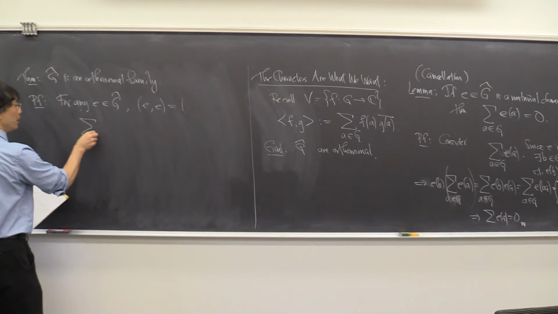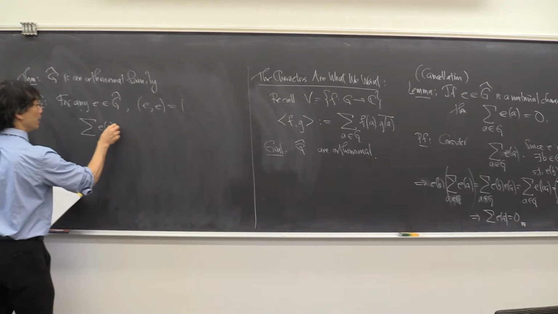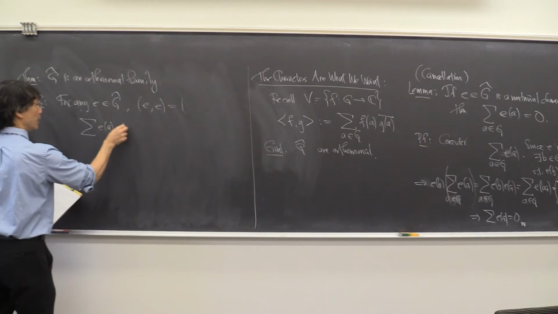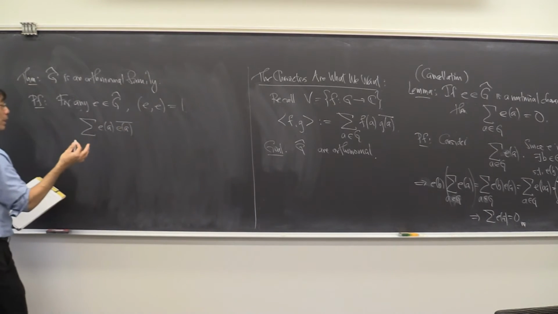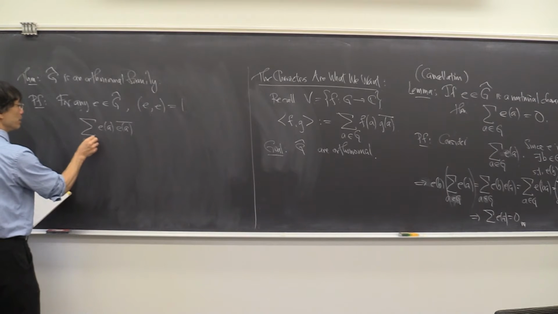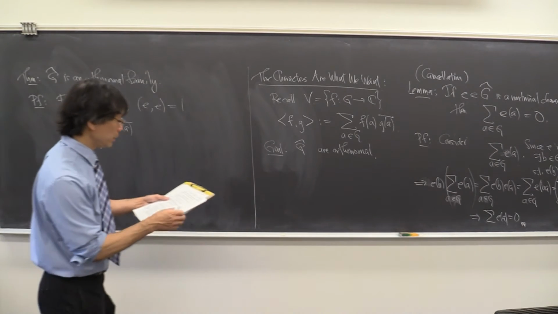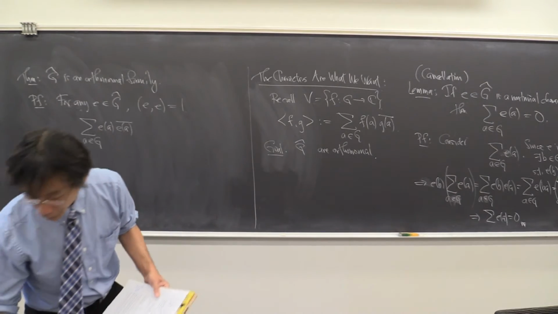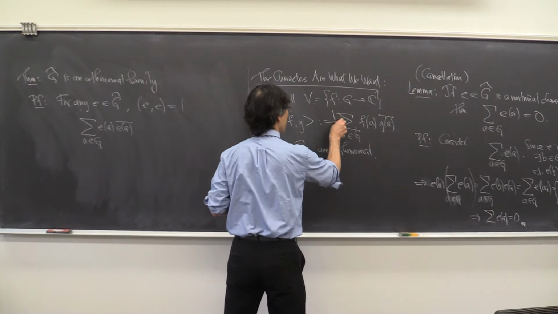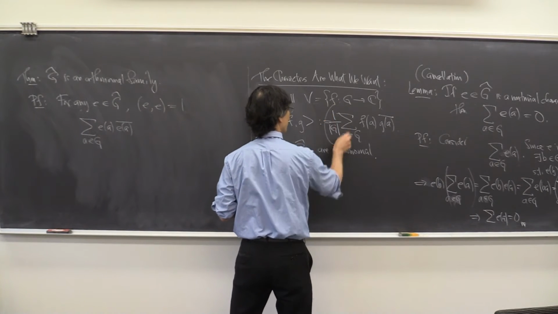You say, well, E of A multiplied by E of A bar as A ranges over G. Oh, I'm sorry. When I wrote down the inner product, I forgot you have to divide by the order of G.